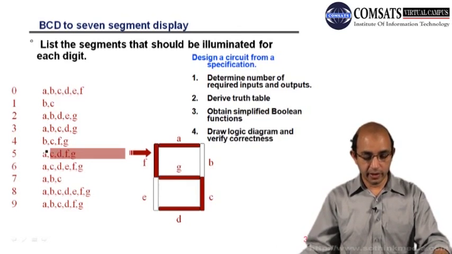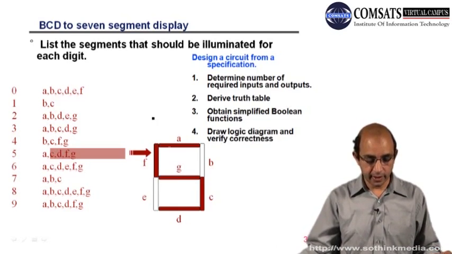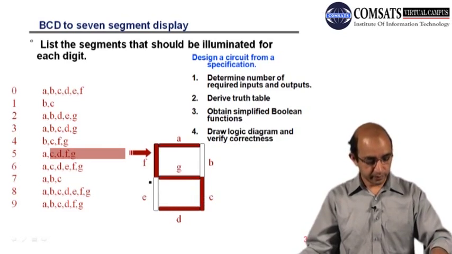A is also turned on. So here we have A, F, G, C and D.